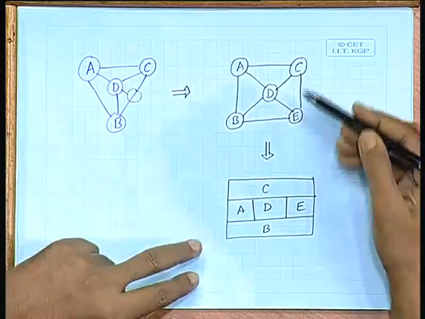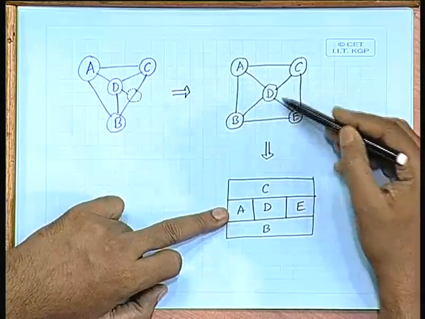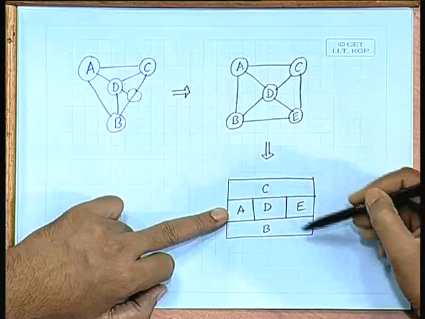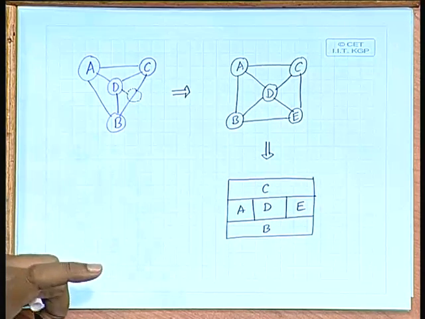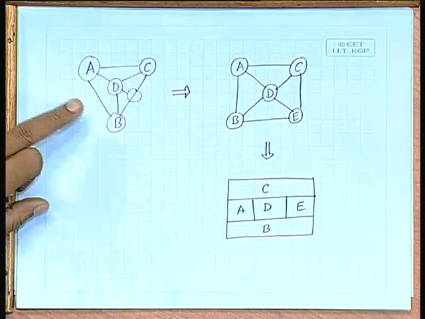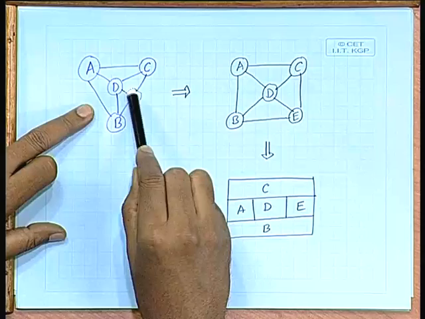You can check that C is adjacent to A, D and E; A is adjacent to B, D and C, and so on. So if there is a complex triangle, you identify the complex triangles in the graph, and for each such triangle you add a dummy vertex and an edge.